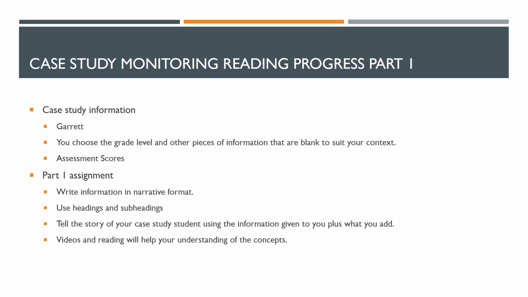There are also assessment scores that we are going to assume that you or a reading specialist in your school has given Garrett, and those are his scores for part 1. So this is really what you need to do for part 1.